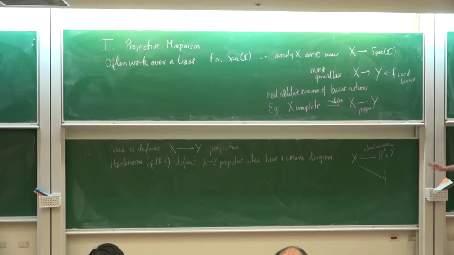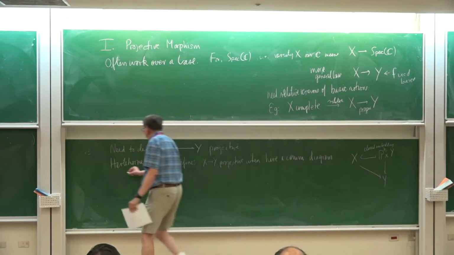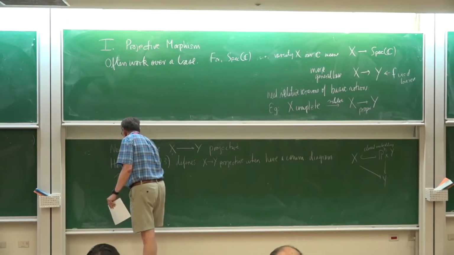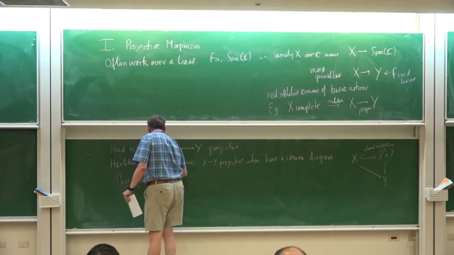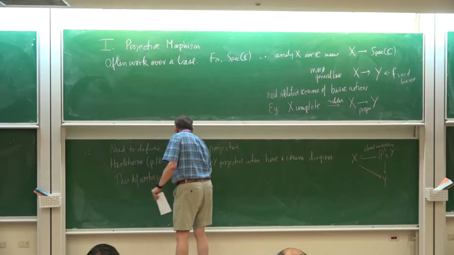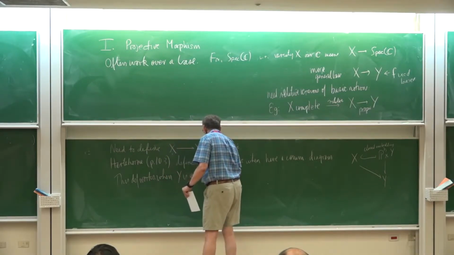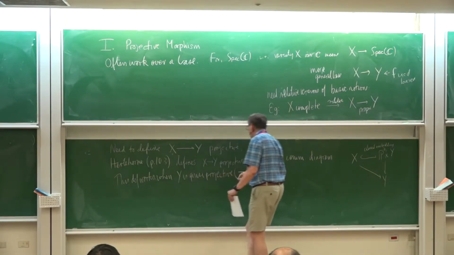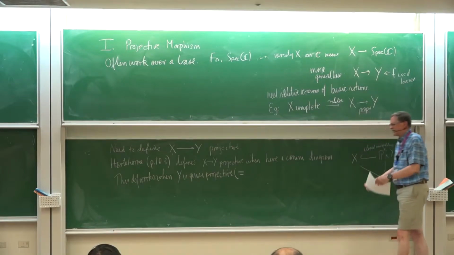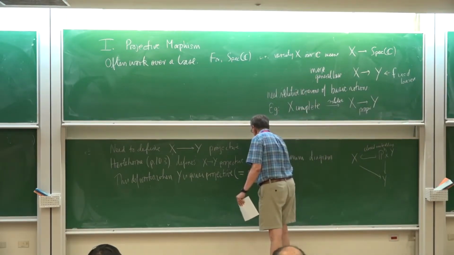But it turns out this is actually not a fully general definition. It turns out this definition works when Y is quasi-projective. And remember, a quasi-projective variety is something that's an open subset of a projective variety.